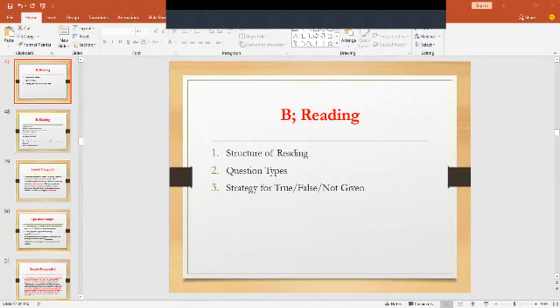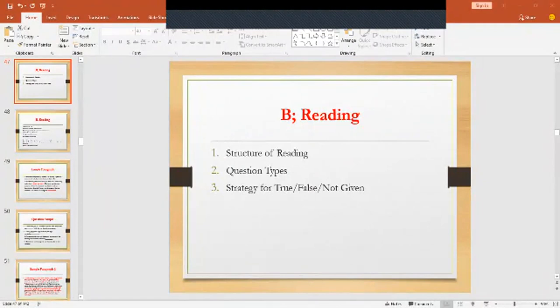And I'll be talking about the question types. I'm going to be describing the question types and giving detailed information about them and how to go about tackling them. Then I'll be giving strategy and tips for true, false, not given questions.